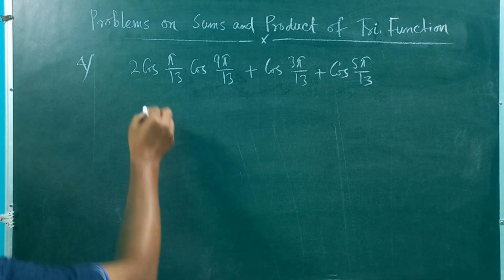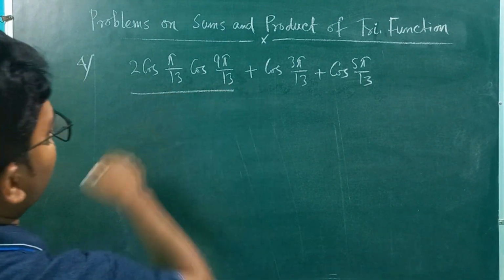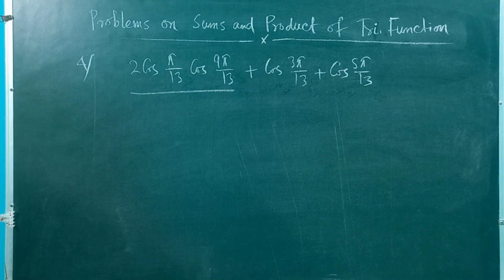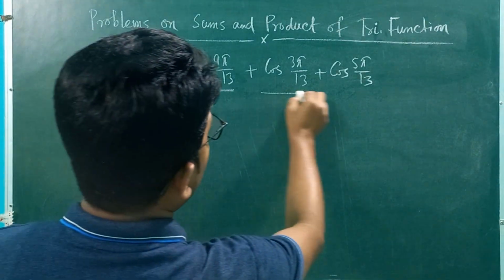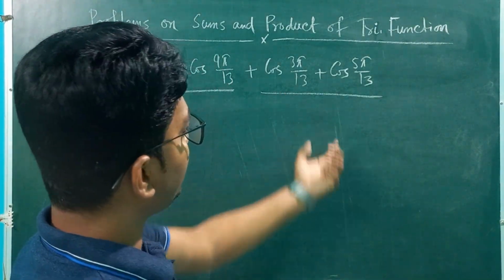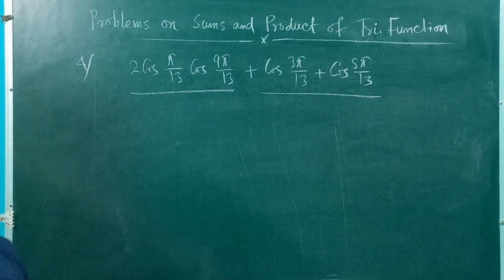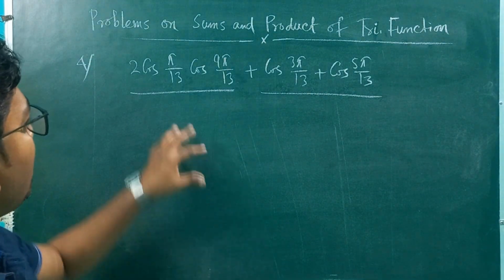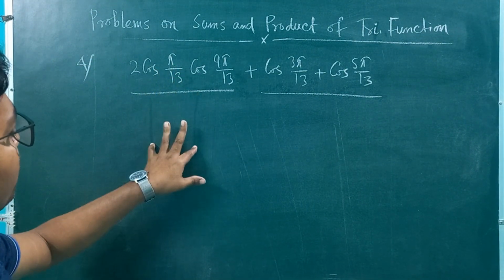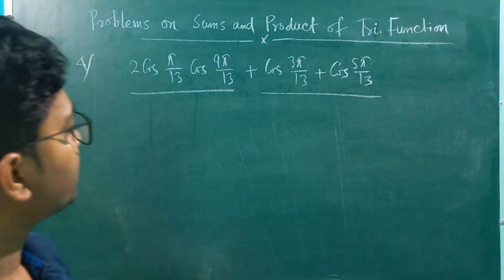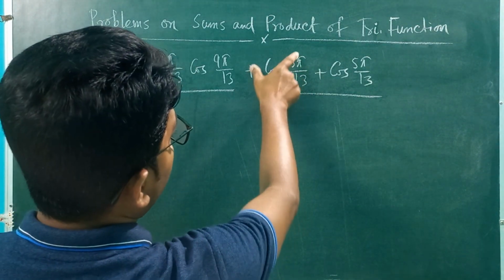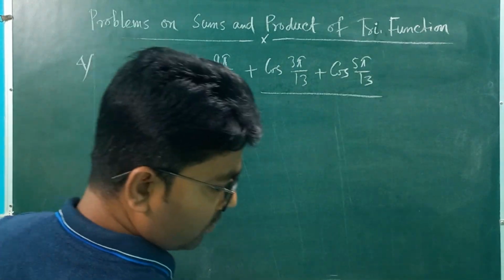Now see, here these are in product form. You can convert this product into sum, and these are in sum form, you can convert them into product. Either you convert this product into sum or this sum into product, I will always advise to apply sum into product.